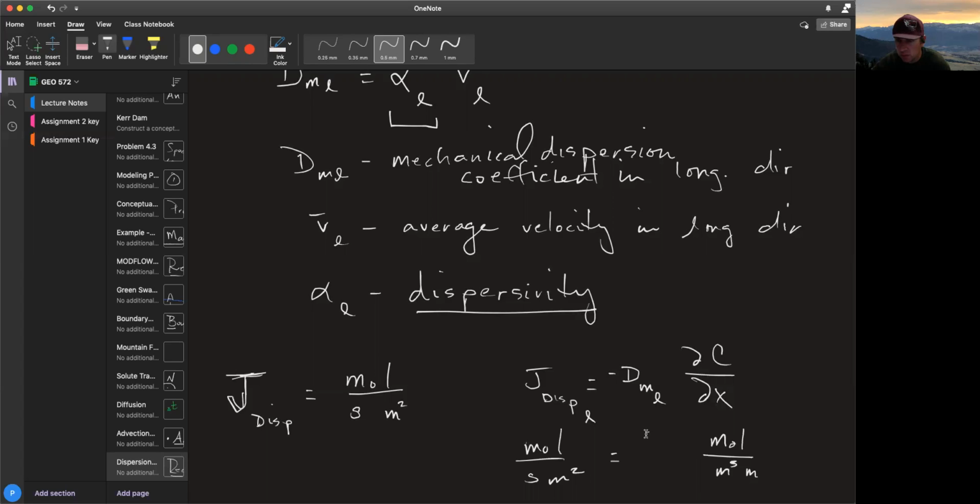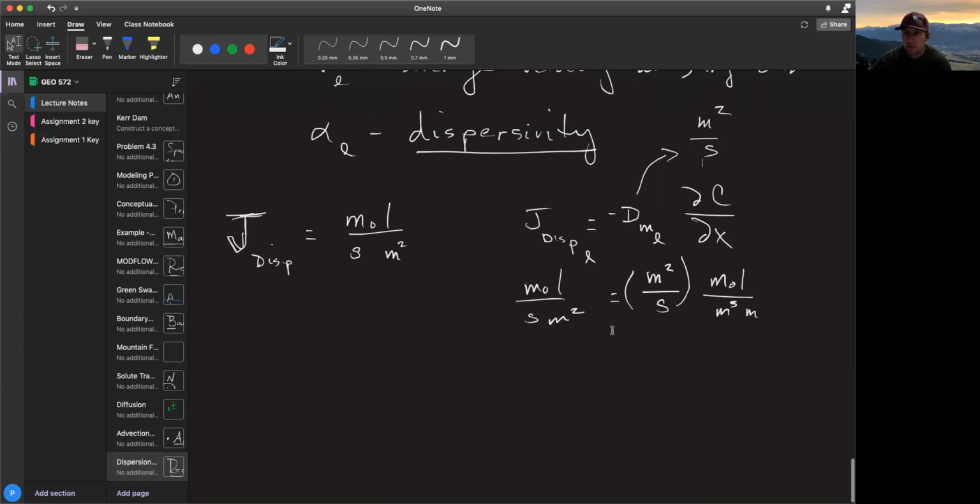Well, our dispersion coefficient has to be equal to meters squared per second. If I do that, meters to the fourth and meters squared will cancel, and I'll have moles per second. So the dispersion coefficient has the units of meters squared per second.